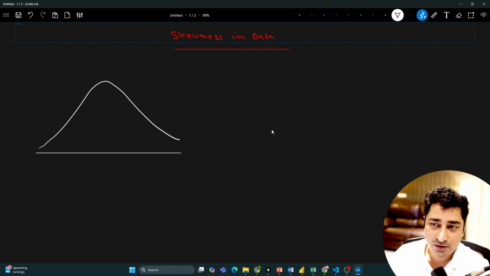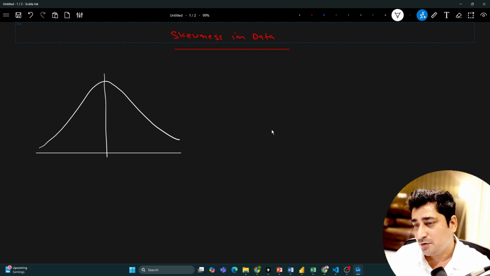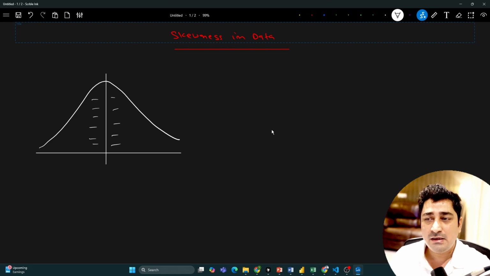If I'm able to plot data on this normal distribution, or with the help of a probability density function, and if my data set is symmetrically distributed across its mean, I will be able to find an equal amount of data on both sides, and eventually my data set is going to form this kind of curve.